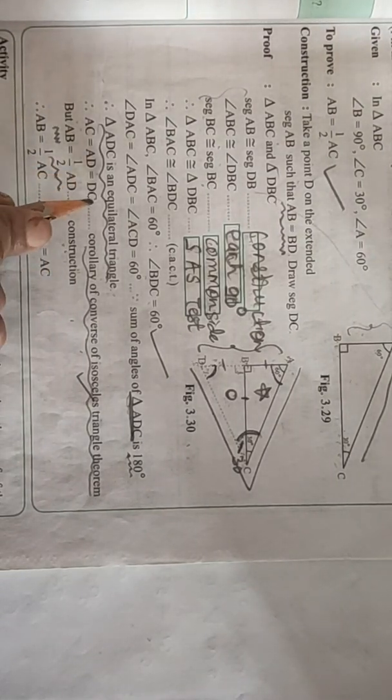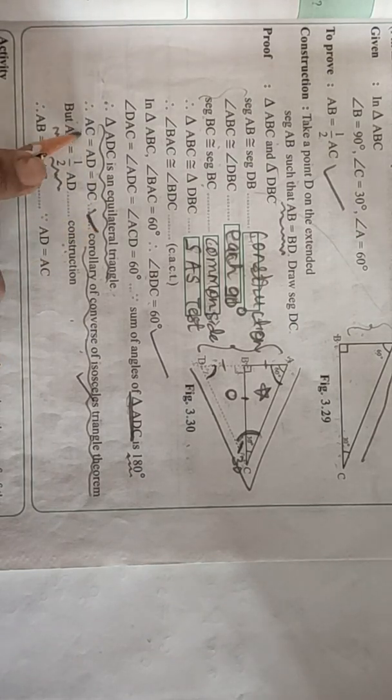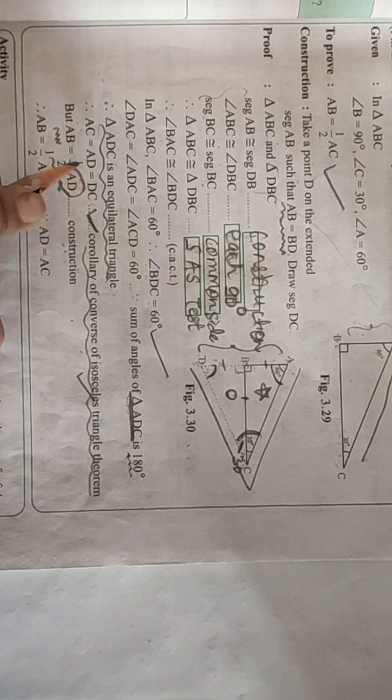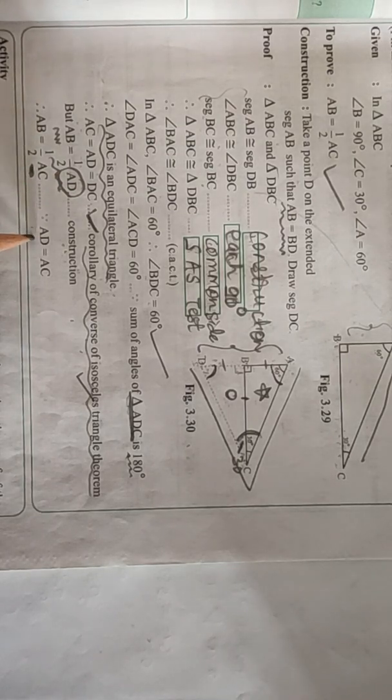But here you have shown that AC, AD, DC are all equal. So in place of AD, according to our need, you can take AC, since AD equals AC. So therefore AB equals what we have got? Half of AC.